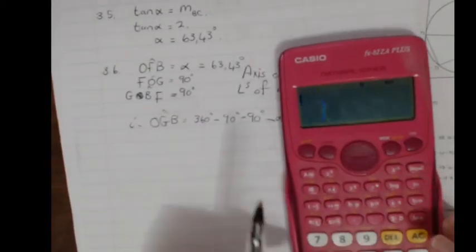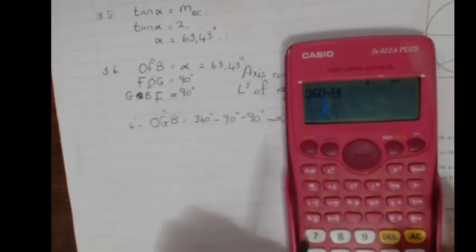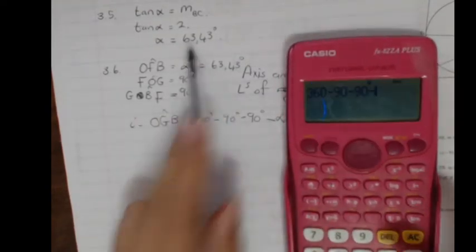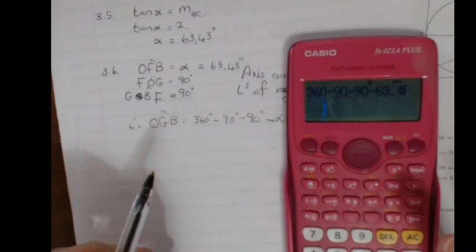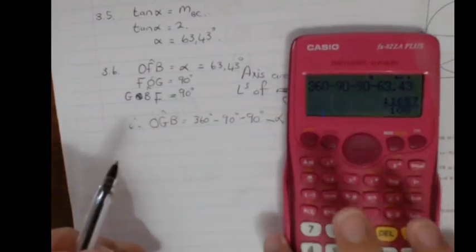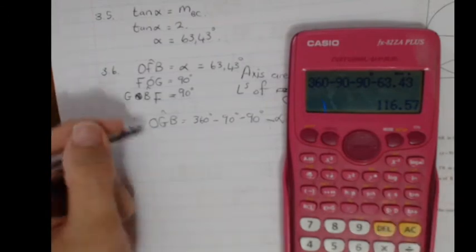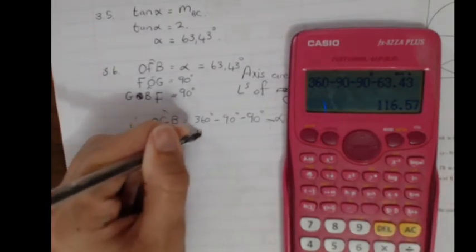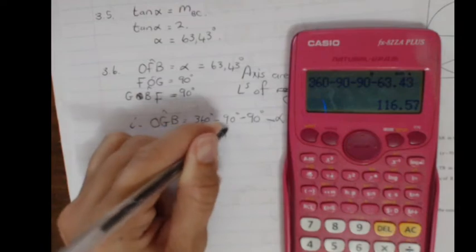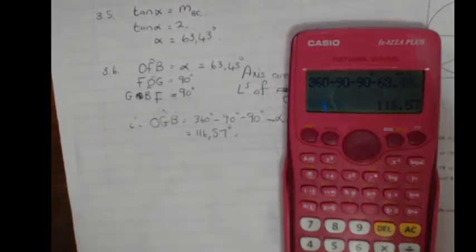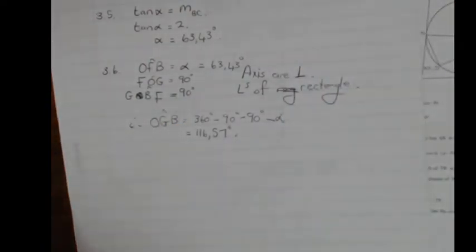So 360 minus 90 minus 90 minus alpha, which is 63.43, is going to give me 116.57. 116.57 there.